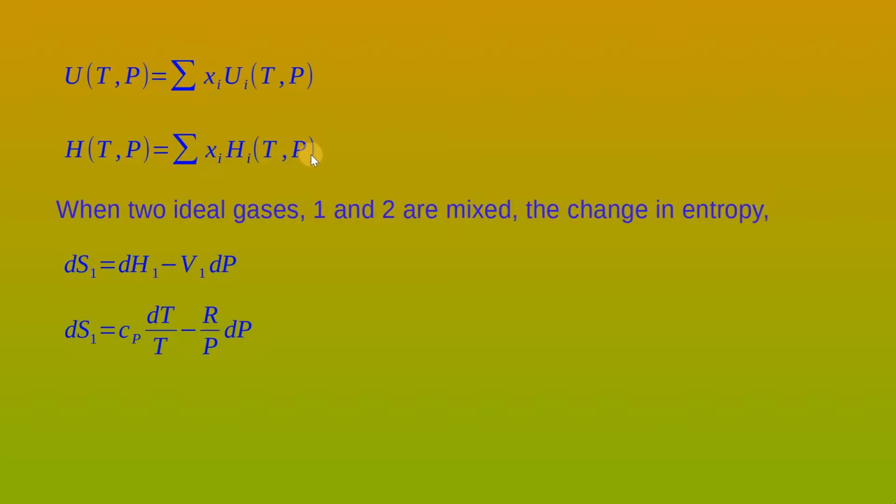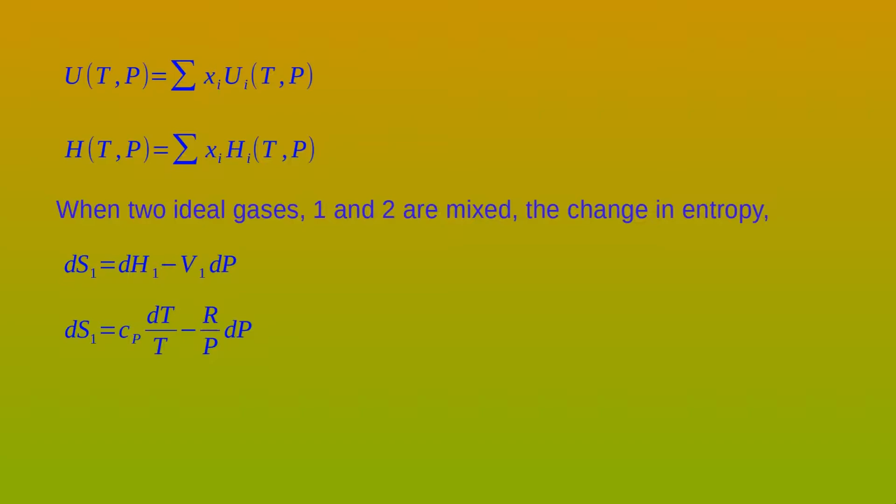Now, the difference is nothing but known as the excess property. Because on the LHS you have the mixture enthalpy or the mixture internal energy, and on the right side you have nothing but the summation of the mole fractions and the pure fluid enthalpies.